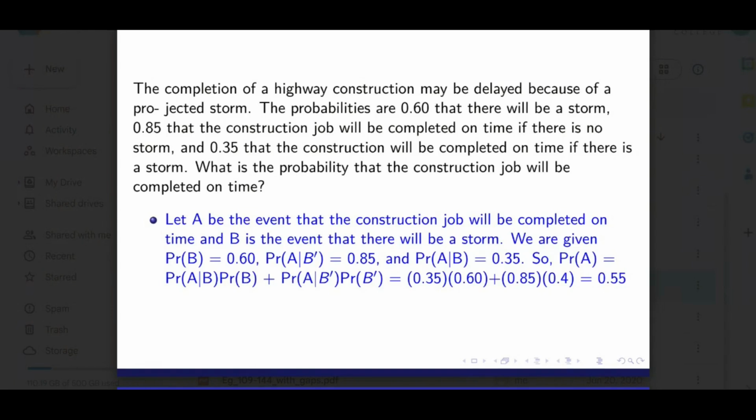Do you know what I'm saying? When you draw a tree, you must pick an event to start the tree on. Do I start on project completion, or is the first branch based on storm status? Storm status. Why? Because the problem is primed that way.